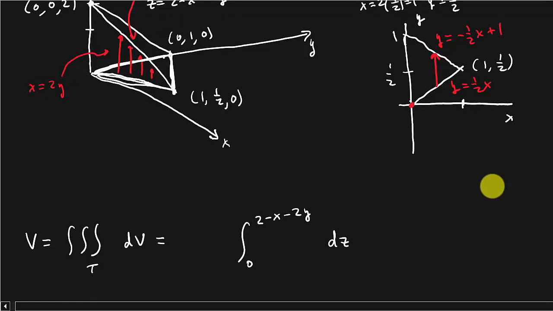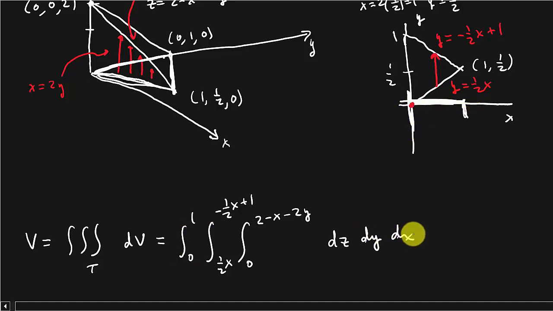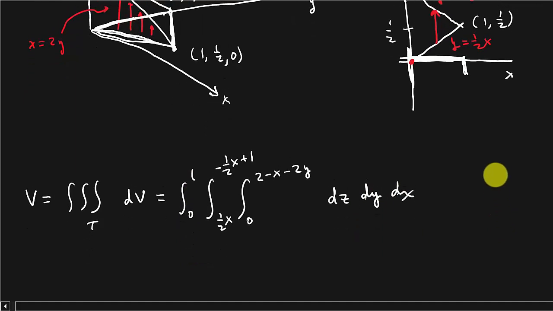And so for my y, I'm going from 1/2 x to negative 1/2 x plus 1, with respect to y. And then with respect to x, I'm going from 0 to 1 dx. And there's that one set up.